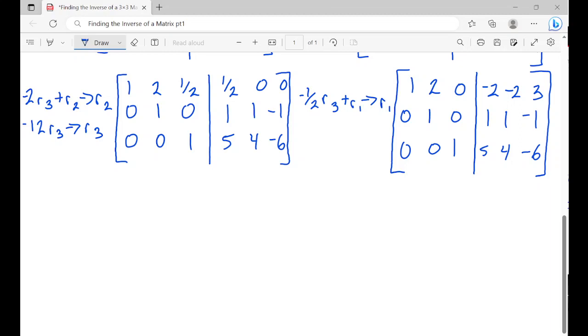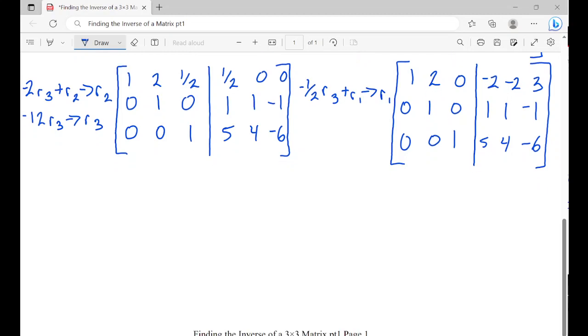So almost done now. One last step is to make this entry a 0. So I'm going to multiply row 2 by negative 2 and add it to row 1 to get this to be a 0. And then I'll finally have my identity matrix, or my inverse matrix, excuse me. So negative 2 times row 2 plus row 1 is going to give me a new row 1.